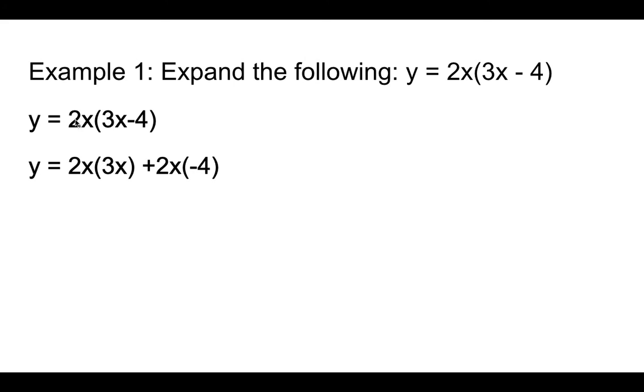So y equals 2x times 3x minus 4 becomes 2x times 3x plus 2x times negative 4. Now this term, you're going to multiply the two numbers first, which is 6, and then multiply the x's, which becomes x squared. And then here, 2 times negative 4 is negative 8, and then we have an x. So this becomes 6x squared minus 8x. So that's how we expanded something like this.